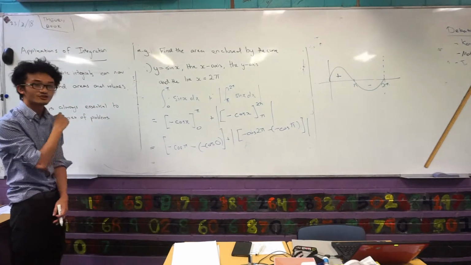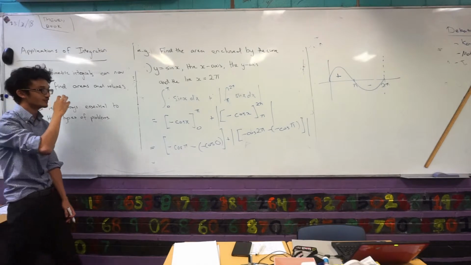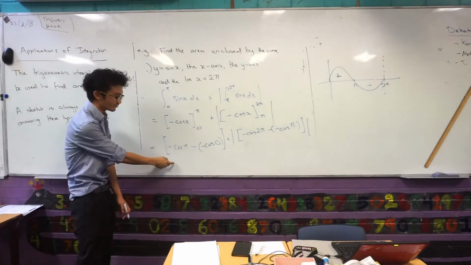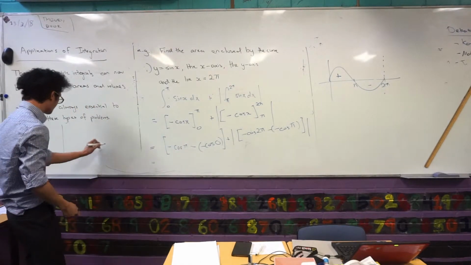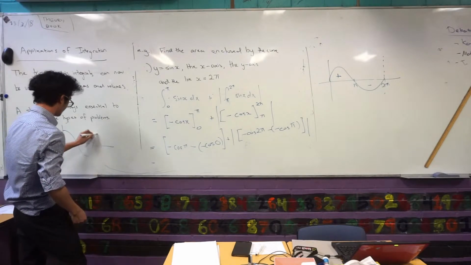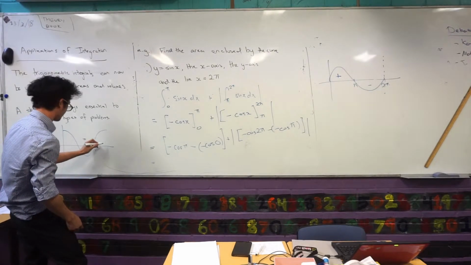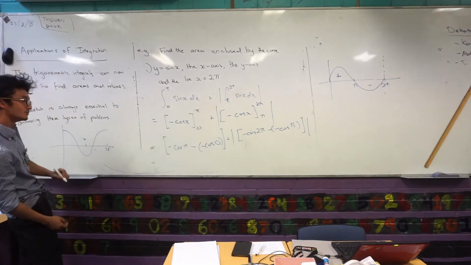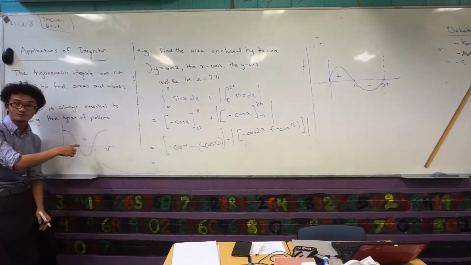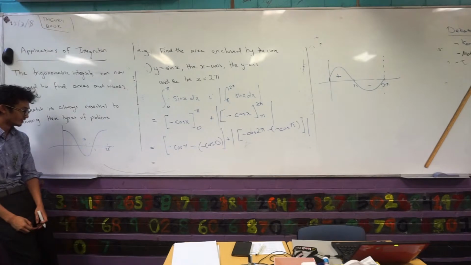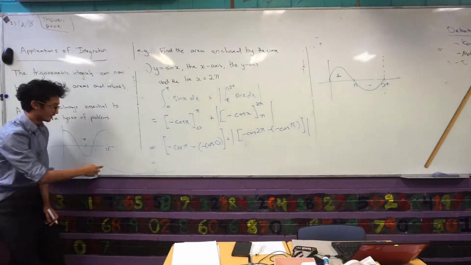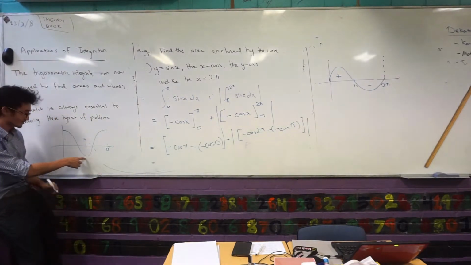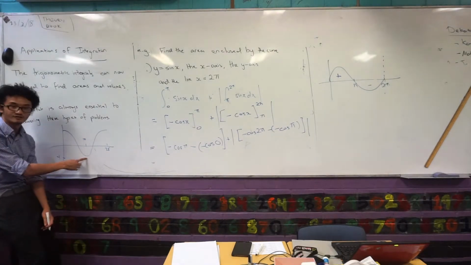A sketch is not only useful though for actually visualizing the integral, it can also be useful for finding the exact values, right? If I just draw cos really quickly. It can also help you visualize what the exact value would actually be, right? When cos is at pi, what's the value? It's negative 1, right?